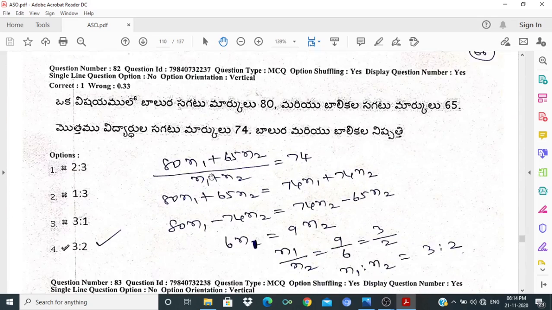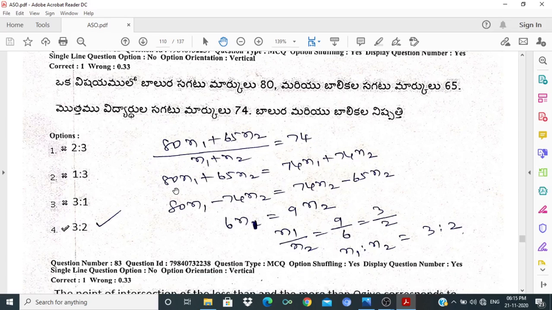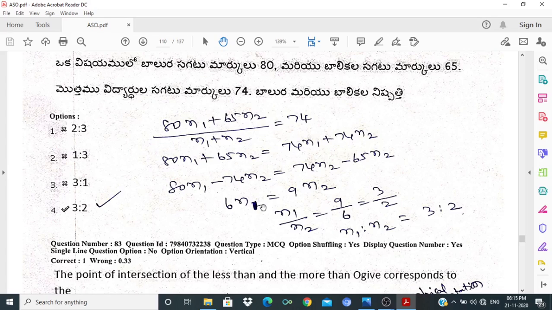Substituting the values, 80 n1 plus 65 n2 by n1 plus n2 is equal to 74. This gives 74 n1 plus 74 n2. 80 n1 minus 74 n1 is equal to 74 n2 minus 65 n2. 6 n1 is equal to 9 n2. n1 by n2 is equal to 9 by 6. So n1 is to n2 is equal to 3 is to 2.